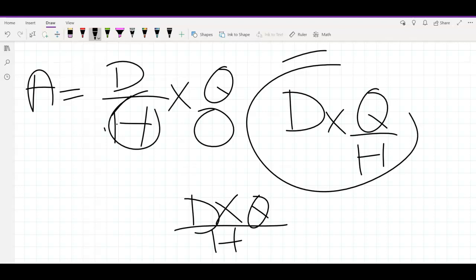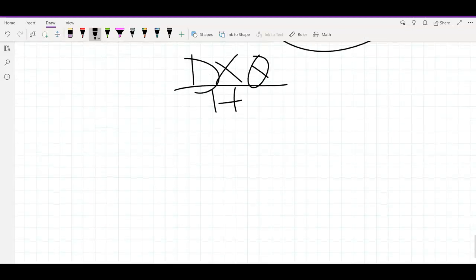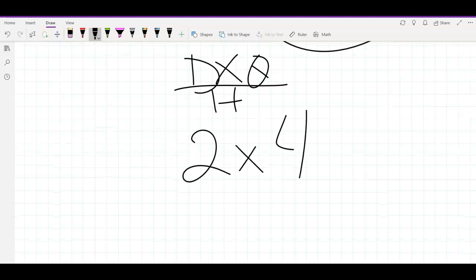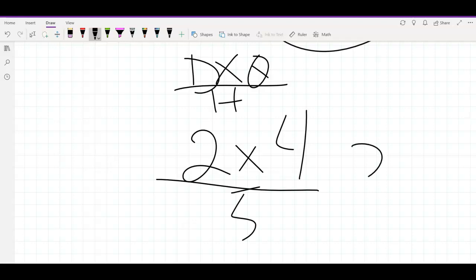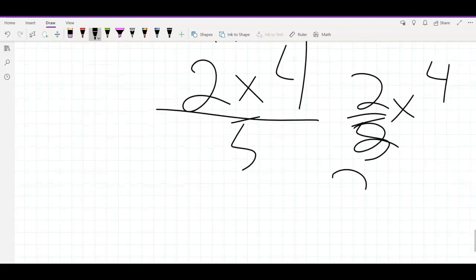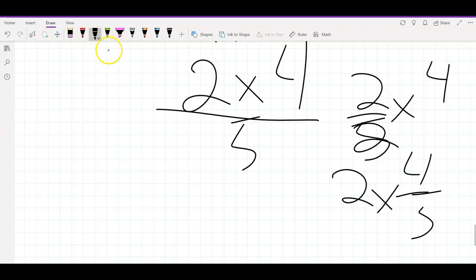If you know how numbers work, 2 times 4 over 5 is the same as 2 over 5 times 4, or 2 times 4 over 5. You're going to get the same answer either way.